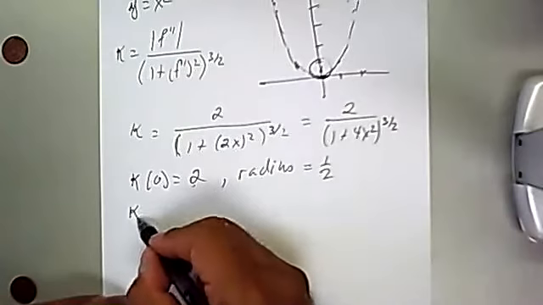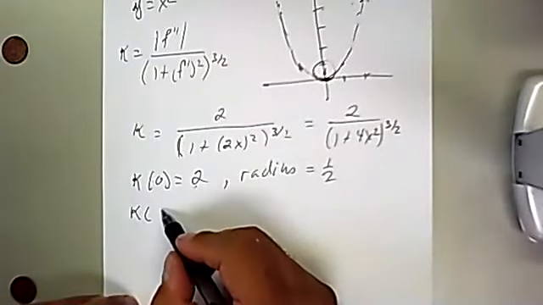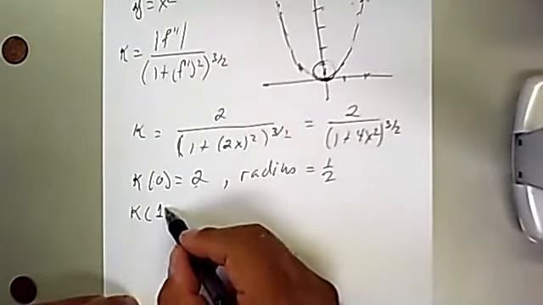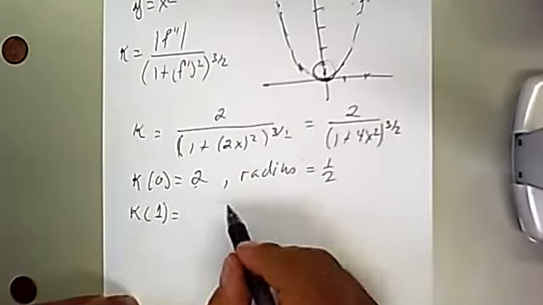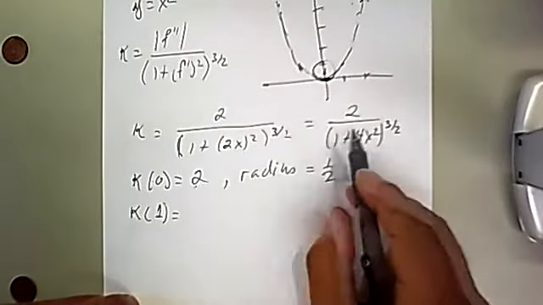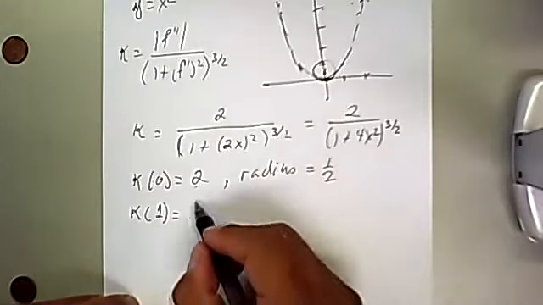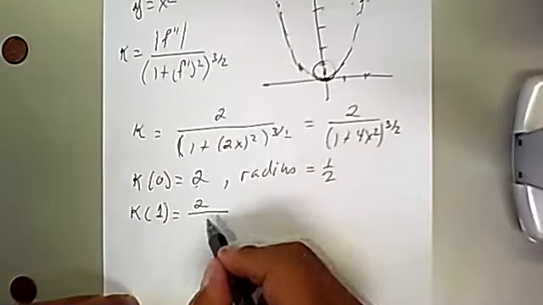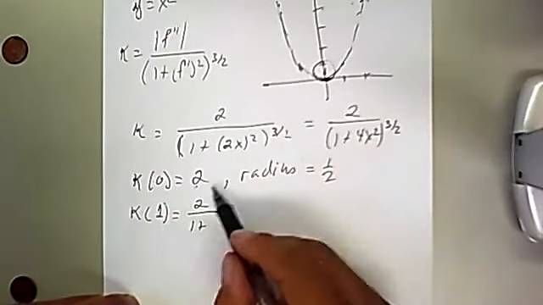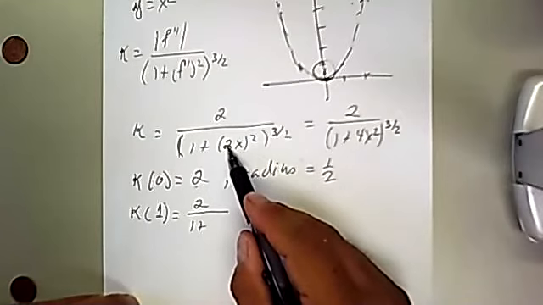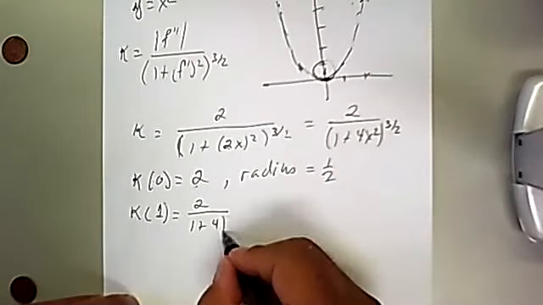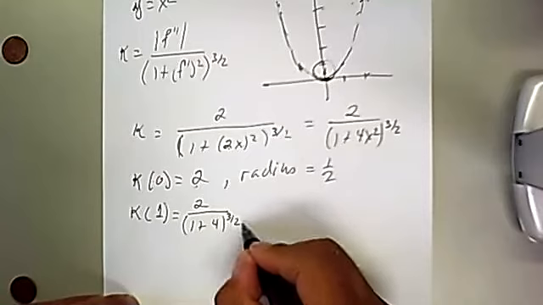What is the curvature when x is 1? Well, let's do this. This 2 is constant anywhere on the parabola. 1 plus, 1 times 2 is 2, squared is 4, to the 3/2.